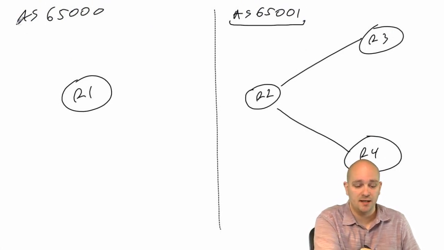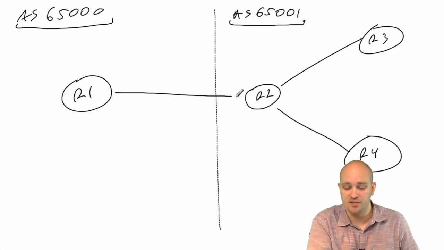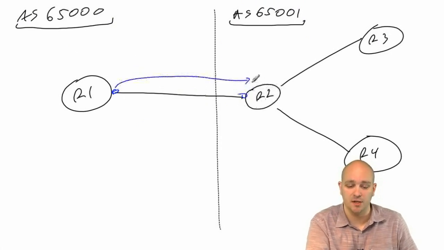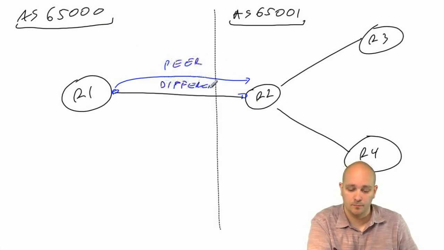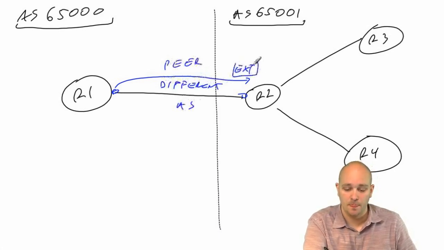So they are obviously different autonomous systems, and there is the peering between these two here. So when this route here is being advertised to this peer, we know that our peer was in a different AS. And this is what makes the route external.